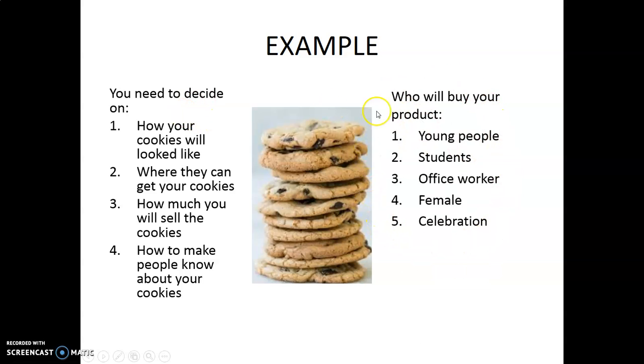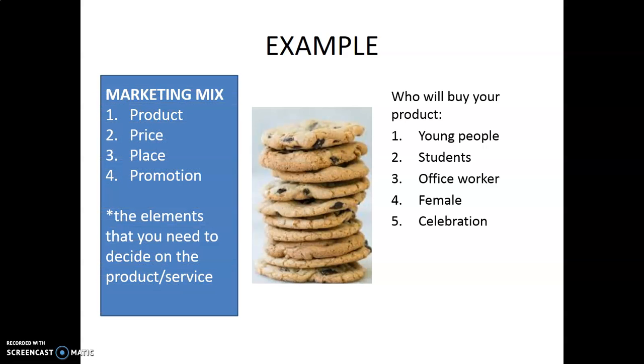This one: young people, students, office workers, we discussed about this too. This is the story behind the cookies. But the one that is your decision, we call it the marketing mix. It is about your product, how much you will sell it for, where you're gonna sell, and promotion.